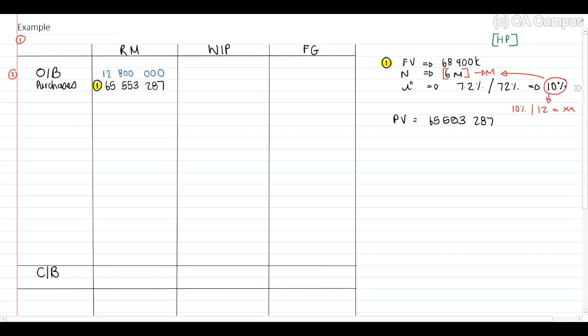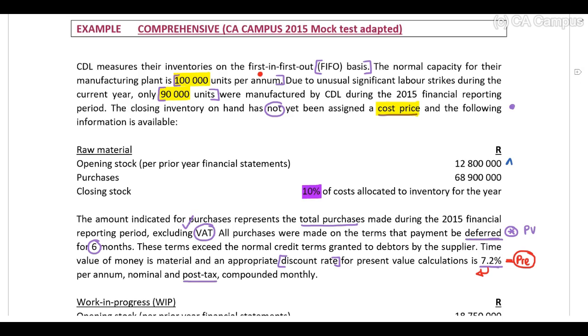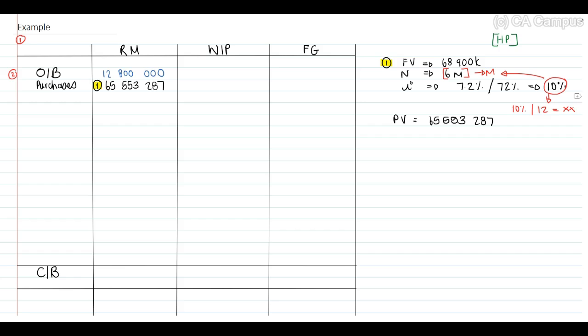Now let's refer back to the information provided. They've indicated to us that our closing stock is 10% of costs allocated to inventory. Therefore, guys, this will be 10% of the present value that we've calculated. And then again, guys, you need to indicate to your marker where you include your calculations, number 2.